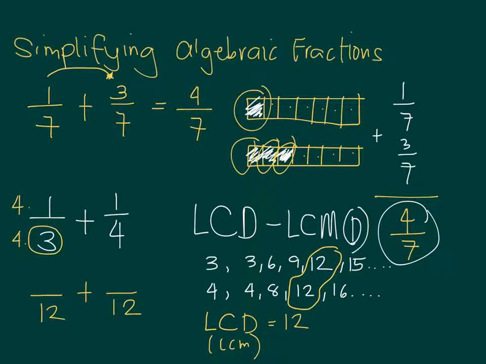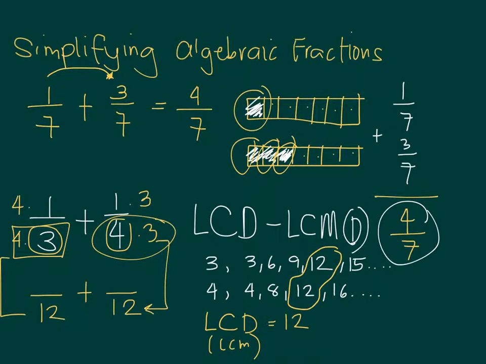Then to make the second fraction over 12, I have to multiply 4 by 3, and to keep the fraction the same, I should multiply 1 by 3. So the numerators will now be 4, which is 4 times 1, and 3, which is 1 times 3.